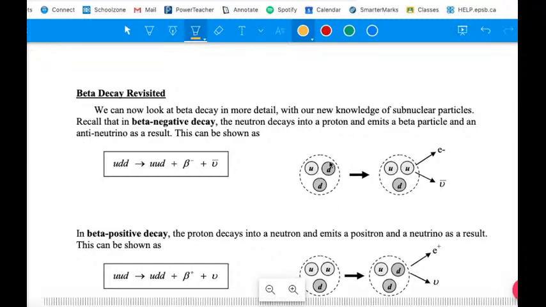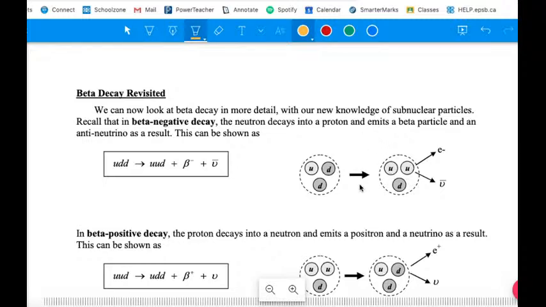Whenever we have protons and neutrons swapping places, we know we have our weak nuclear force at play, and that arrow symbolizes the weak nuclear force manipulating our neutron into a proton.